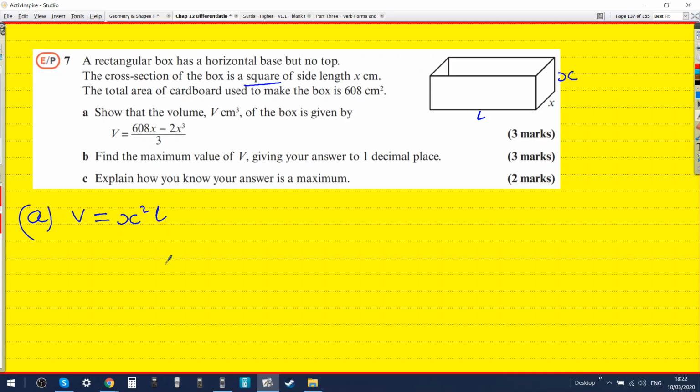Now what? They give you the area. So area equals 2x squared plus 4xL or Lx.